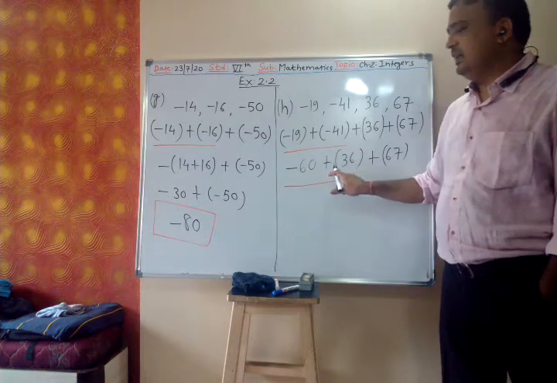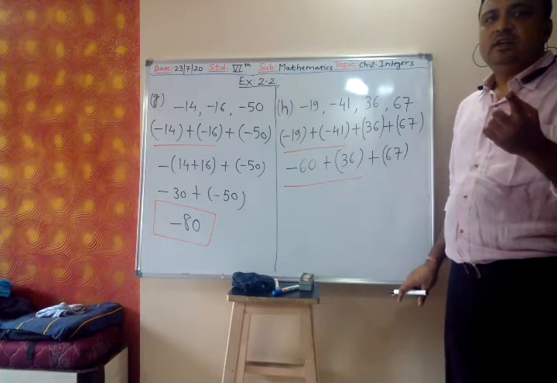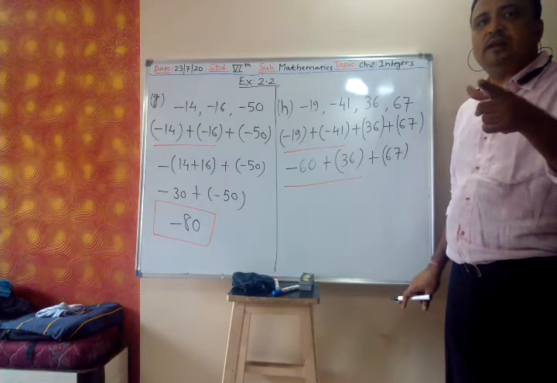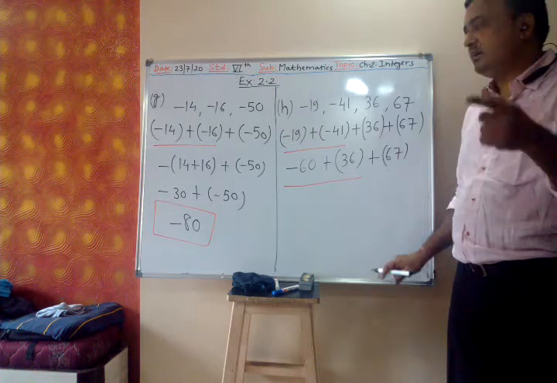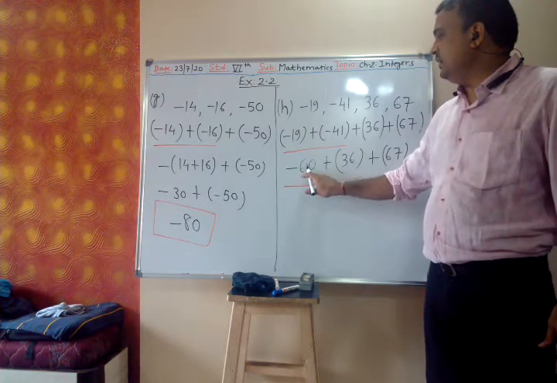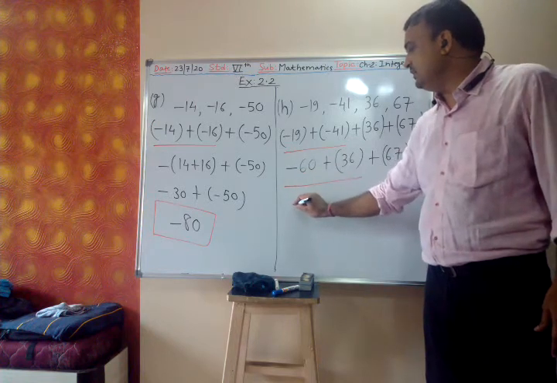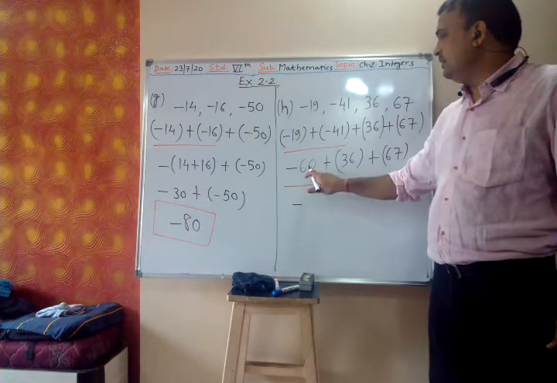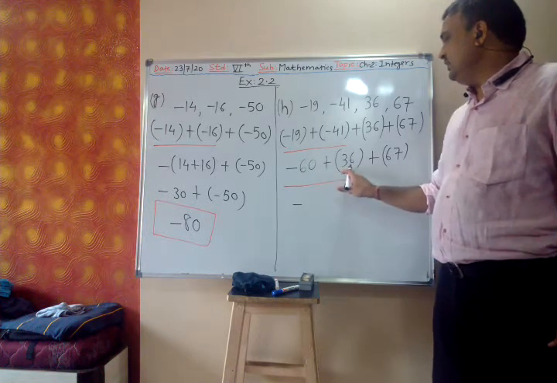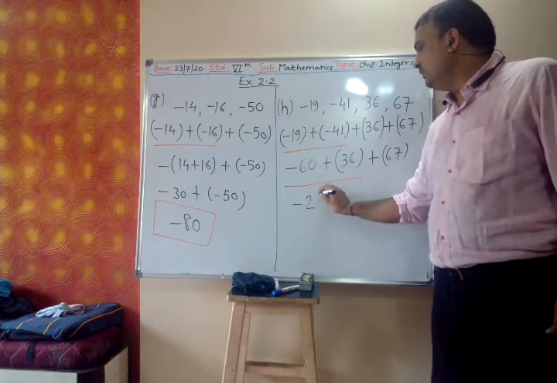So minus and plus, they have opposite sign. Whenever they have opposite sign, you have to subtract smaller number from bigger number and take the sign of bigger number. Bigger number is 60. What is sign of that? Minus. I will take the sign minus and subtract the number. 60 minus 36 is 24.